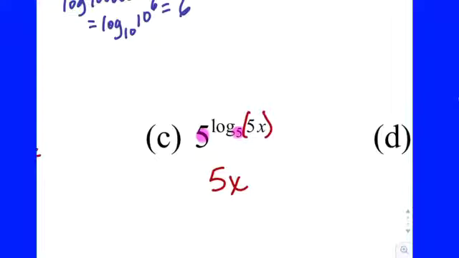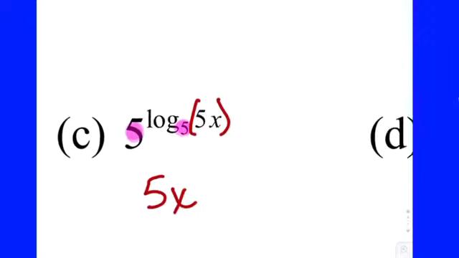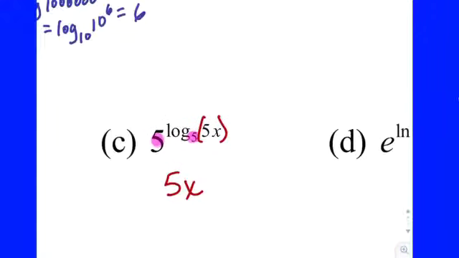Yeah, so that's doing the property on the other side, right? But still the inverse nature, right? Because what we're really doing, if we were to evaluate this, we would start with 5x. We would log it base 5, which would take us, let's say, over here to the right. And then we take that result and exponentiate it base 5, which takes us right back where we started over here on the left. And we started with 5x.